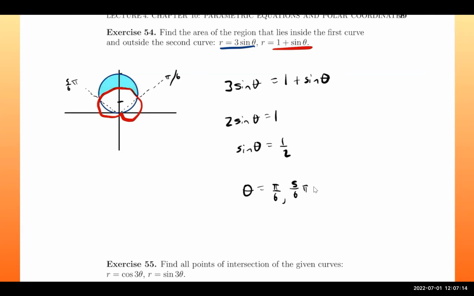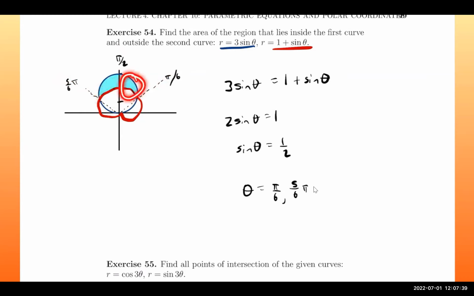We're going to use the same formula. However, since we want a region that's between two curves, we have to do the subtraction. One other thing: you could either have your integration limits go from pi over 6 to 5/6 pi, or because of the symmetry here, you don't have to go all the way. You can just go from this to this and multiply by 2.